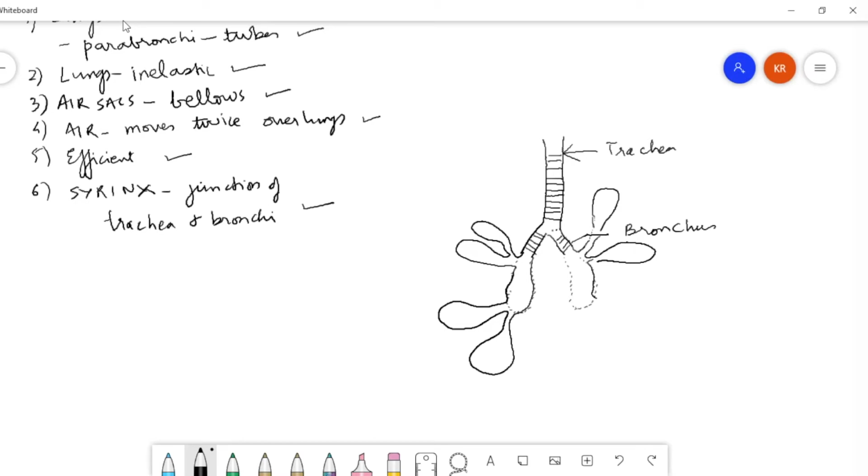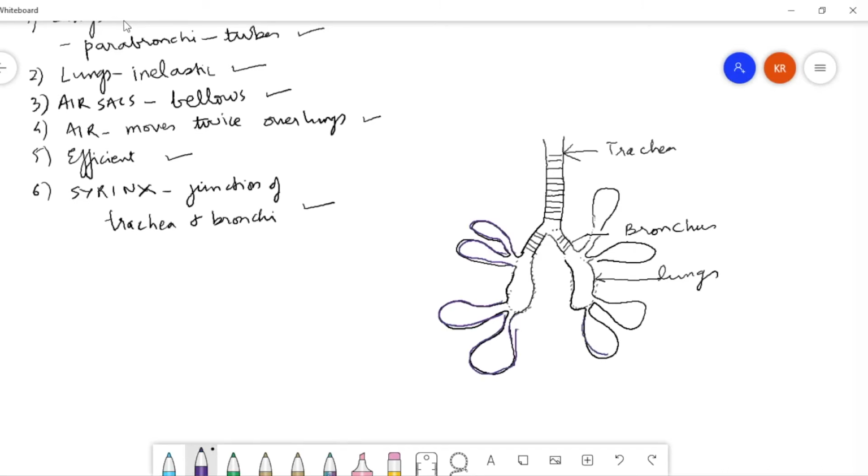Then at the lower end, and these are the lungs. And we will mark these as lungs. And these are the different air sacs. So for air sacs we will use a slightly different color. This type of air sacs in a bird makes them very efficient.